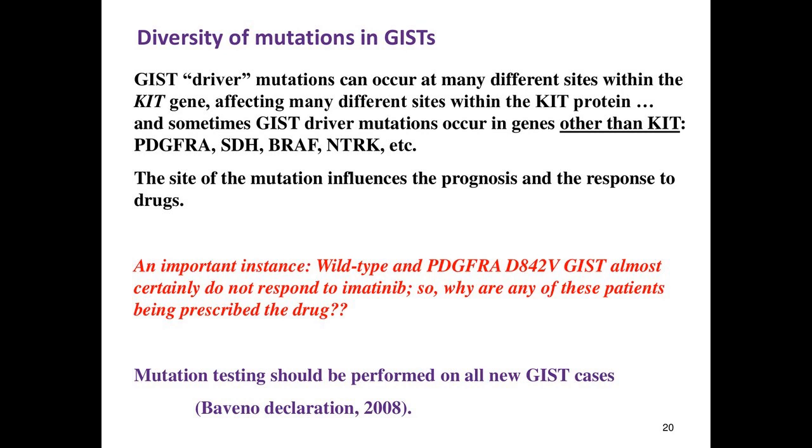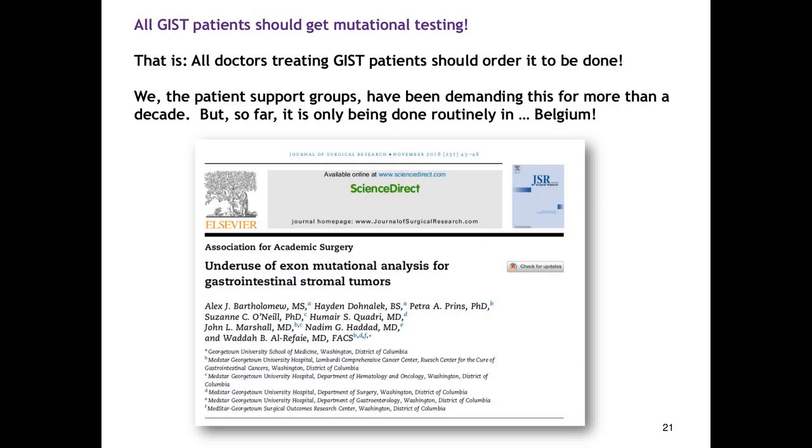In Germany, pretty much every new patient is being given mutational testing. Unfortunately, in the USA and Canada, the rate of mutational testing is still appallingly low, maybe only 25% or so of cases getting mutational testing. We're working very hard to try and increase that number because we think every new case should get mutational testing.